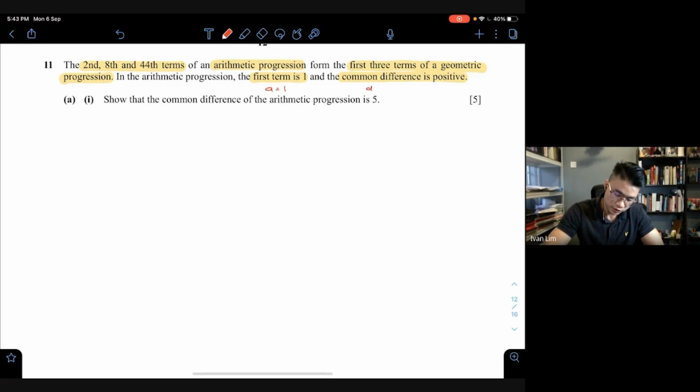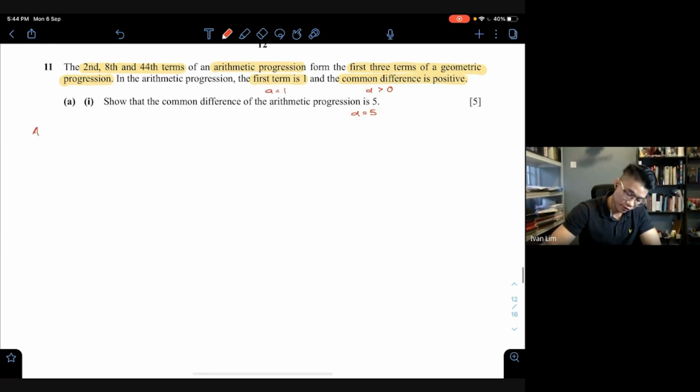We know that d is more than 0. Show that the common difference, it means you want to show that d is equal to 5. The sentence looks confusing, so you just read carefully.